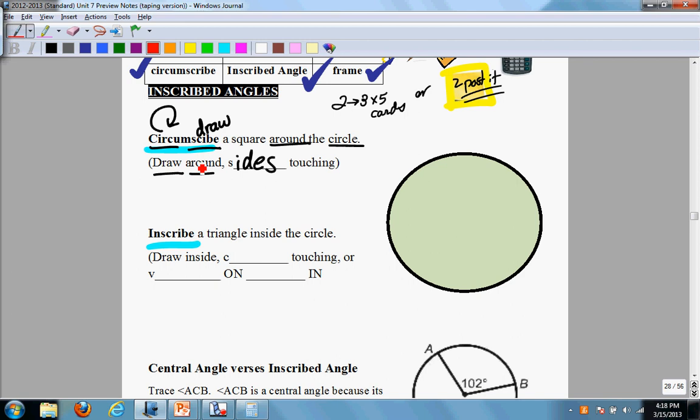So I'm going to use red for this. We're going to circumscribe a square around the circle. The sides must touch. So here's your square.